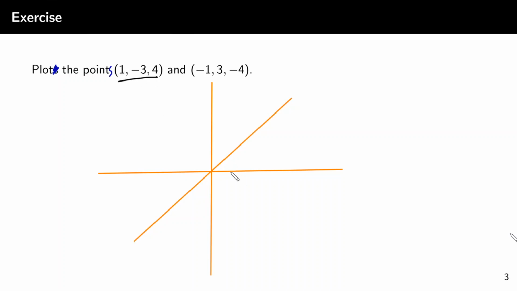So 1 unit papunta sa harap. So 1 unit along the x-axis. Na negative yung y coordinate natin. So 3 units towards the left. So 1, 2, 3. Ayan. And then 4 units pataas. So 1, 2, 3, 4. So ito na ngayon yung location ng point.